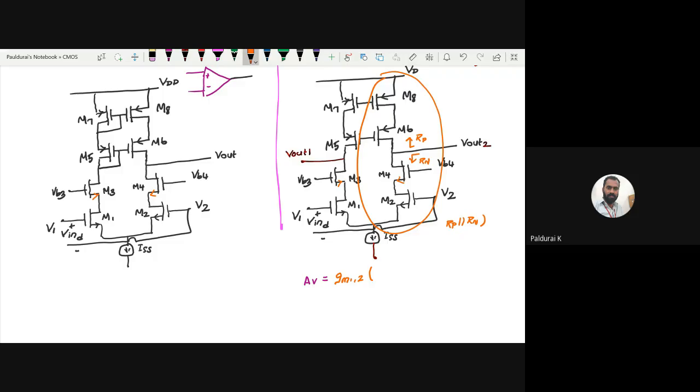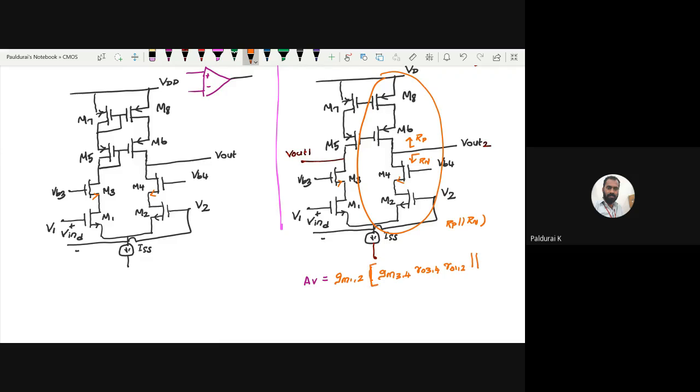So it is very simple. It is the intrinsic gain of the output transistor, where M4 is the output transistor. Here M3, so it may be either 3 comma 4. Gain is ro3,4 times ro2,1, so I can call it 1 comma 2, parallel with.